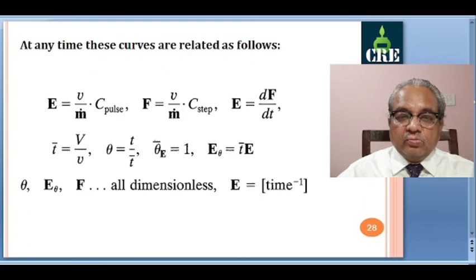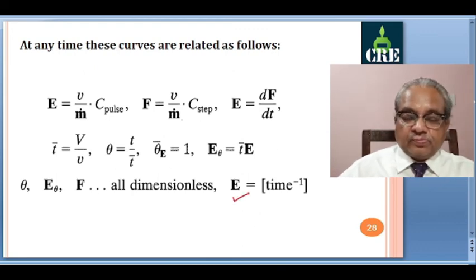Then theta bar for E will be 1. E theta is t bar into E. Theta, E theta and F are dimensionless, t into t inverse is dimensionless, and E will have the unit of time inverse. So you have to keep this in mind.